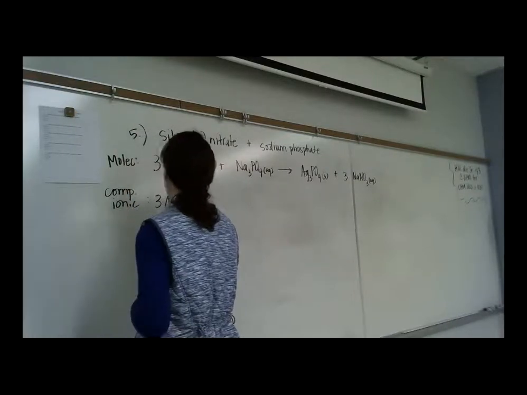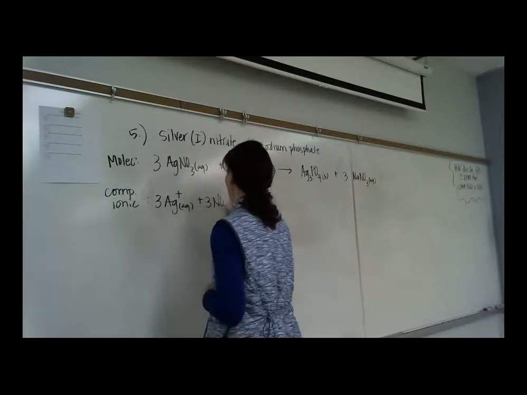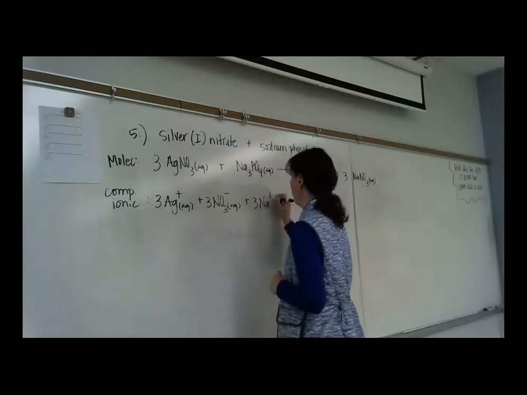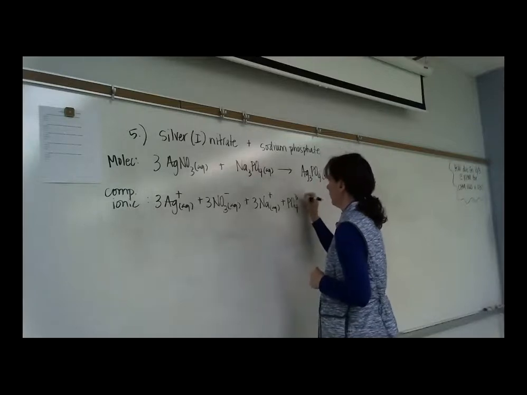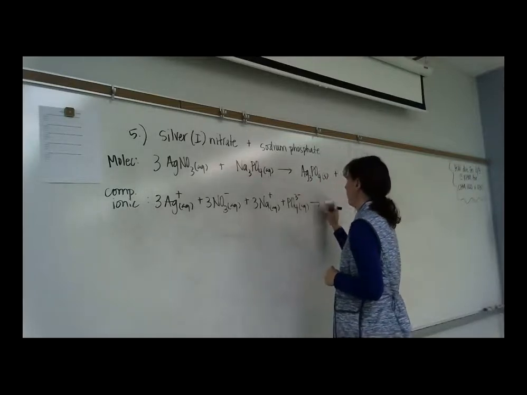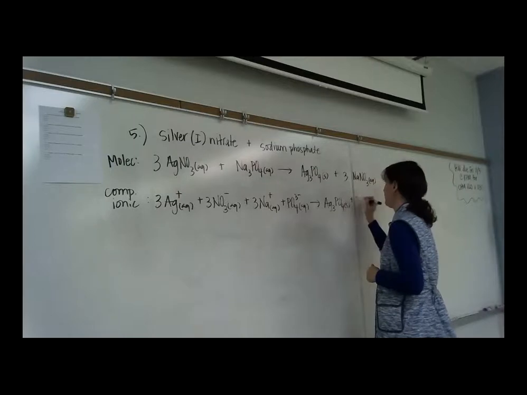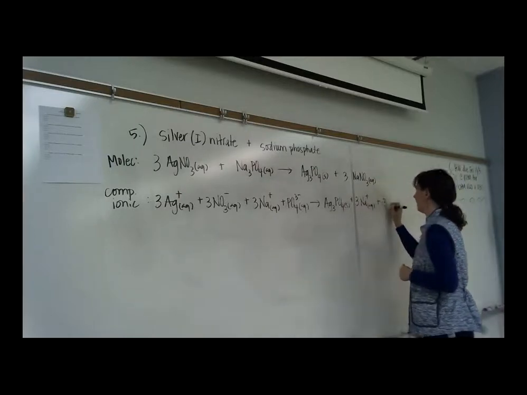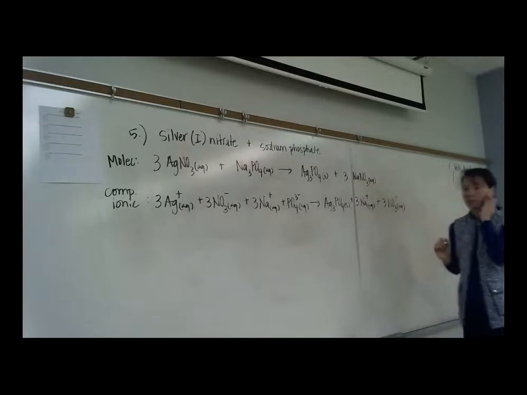That'll be 3 Ag+ aq plus 3 NO3- aq plus 3 Na+ aq plus PO4 3- aq produces my precipitate Ag3PO4 plus 3 Na+ plus 3 NO3-. Got it, writing.